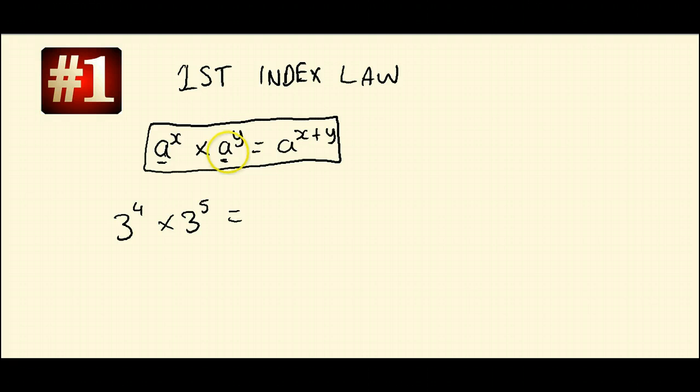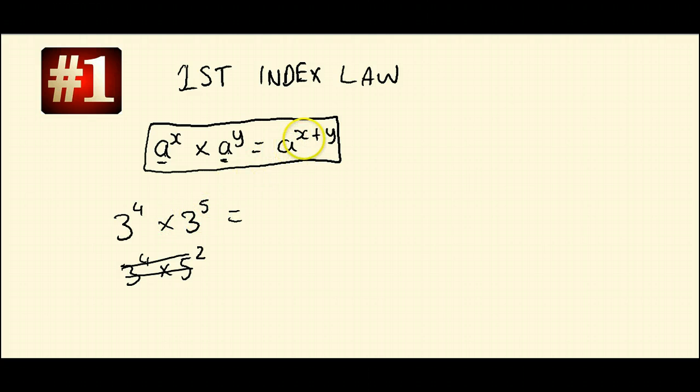Okay, we've got 3 and 3, so we've got the same base, so we can multiply these two things together using the first index law. If the base is different, if we had 3 to the power of 4 times 5 to the power of 2, we're not going to be able to use this first index law for that. We're going to have to work that out a different way because the bases are not the same, so we can't do that one.